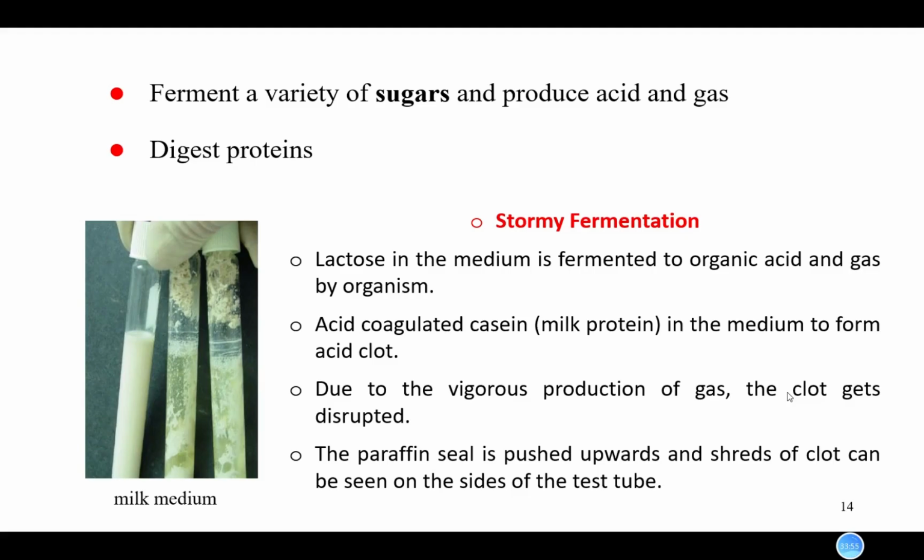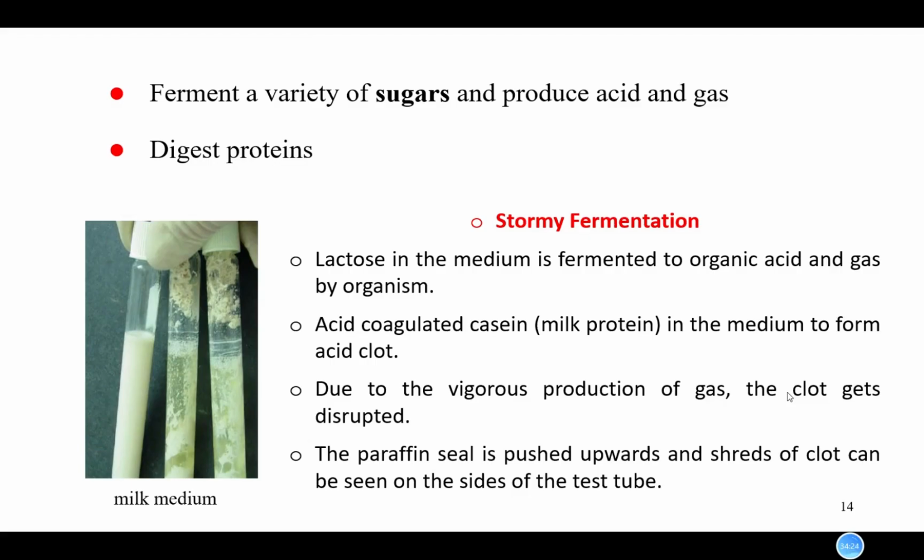there is a special experiment design called stormy fermentation. They use milk medium, inoculate the bacteria into the milk, and culture the bacteria. Because milk contains a lot of sugar, the lactose, perfringens can degrade lactose and produce a lot of acid and gas.